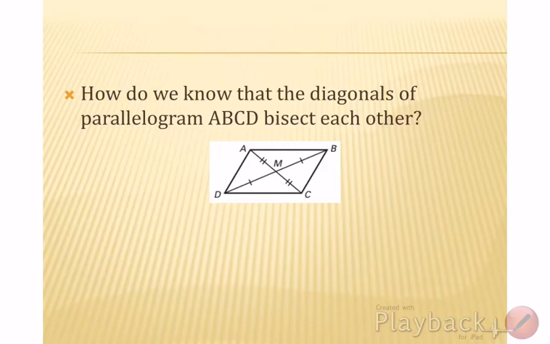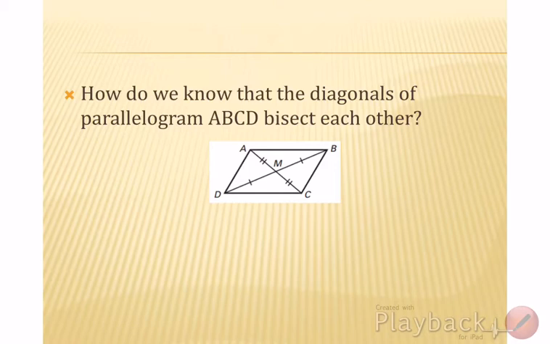How do we know that they're actually bisecting? Okay, well, first of all, I could say it's by definition of a parallelogram. And that's something that you learned. It's one of the properties. But we could think a little bit more about what is really taking place.